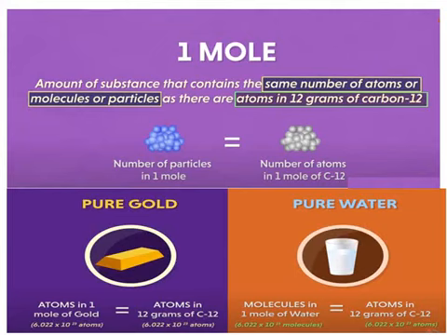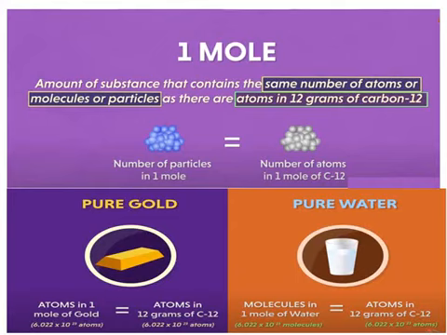What is this carbon 12? It is taken as the standard one. So carbon 12 is an isotope of carbon. In this, 12 grams of carbon 12 is being taken as the standard unit. Now obviously, how many atoms are there present in the 12 grams of carbon 12?